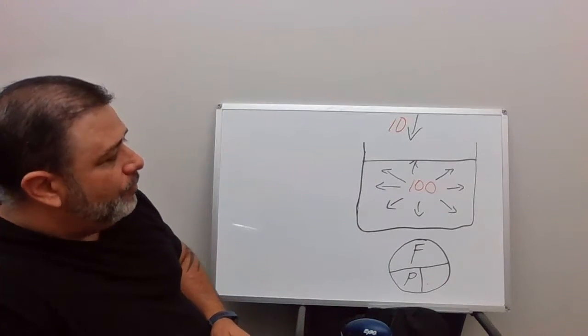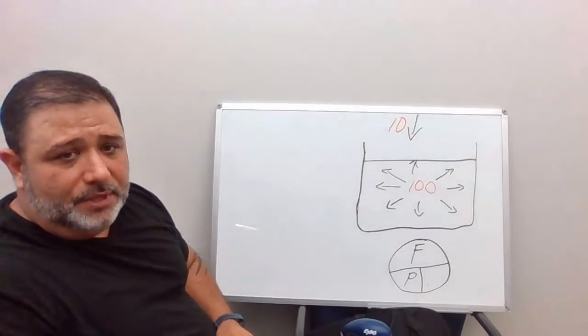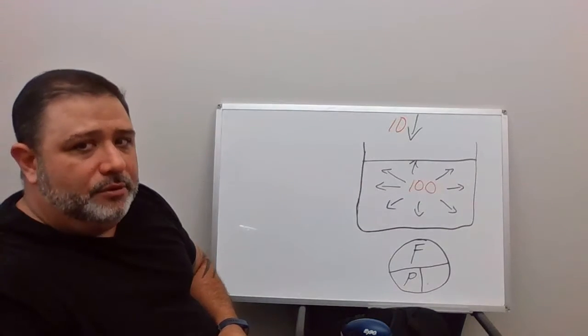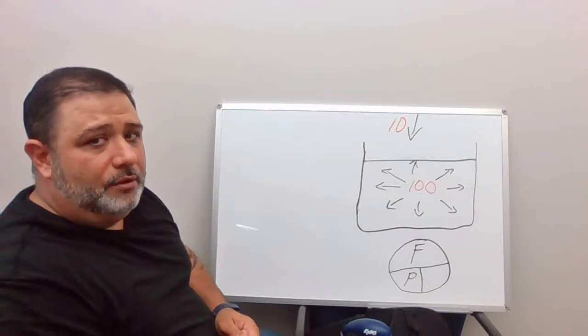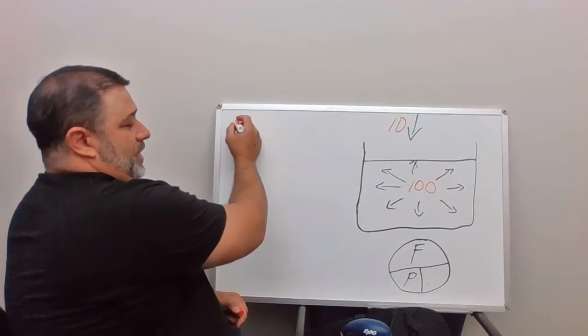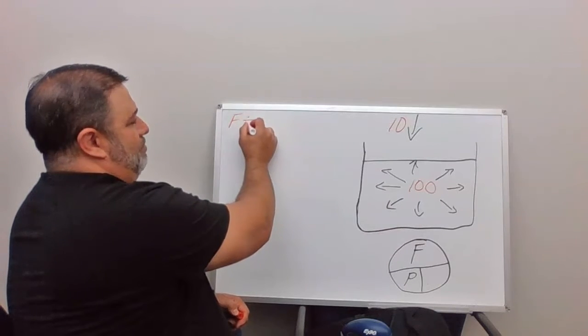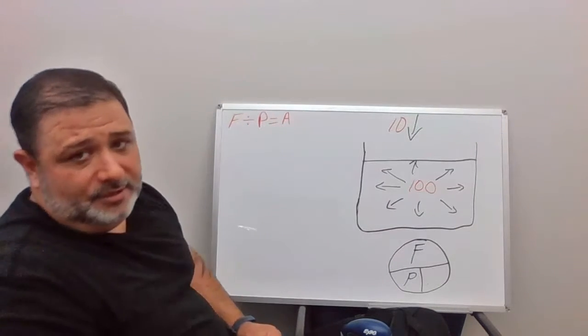So the way we're going to do this is by using our formula. We're going up and down. If we go up and down, what do we do to figure out that area? We divide. So force divided by pressure is going to equal our area.